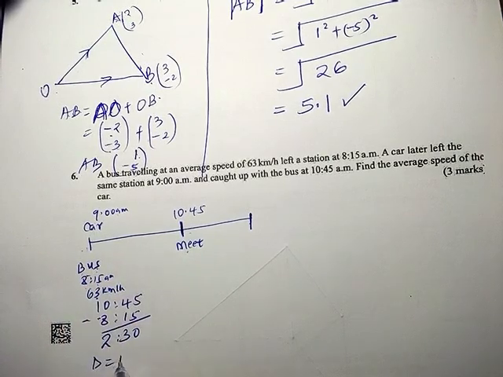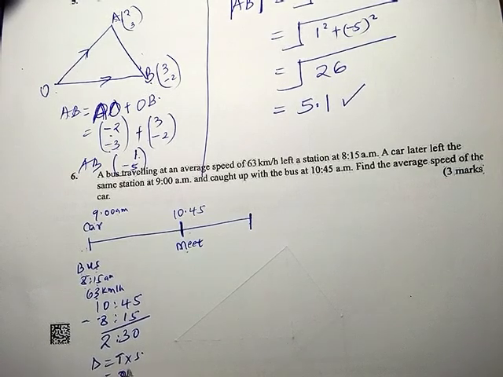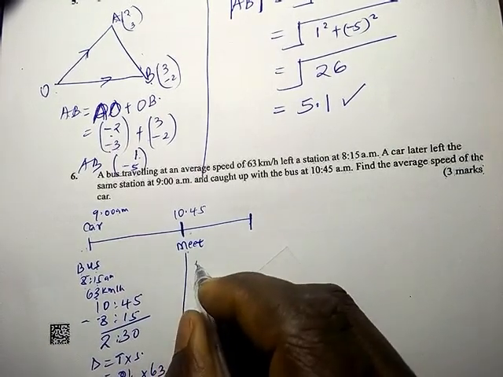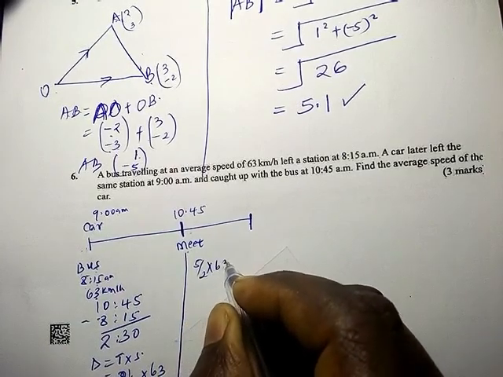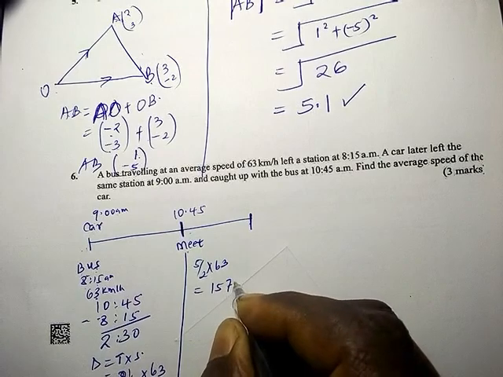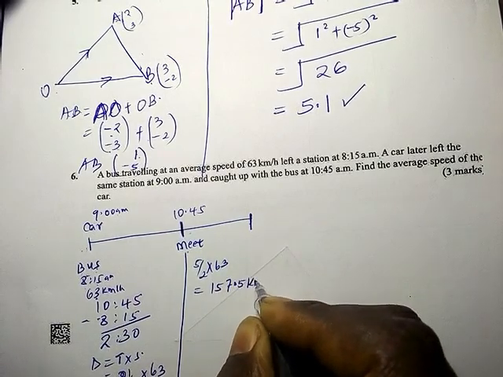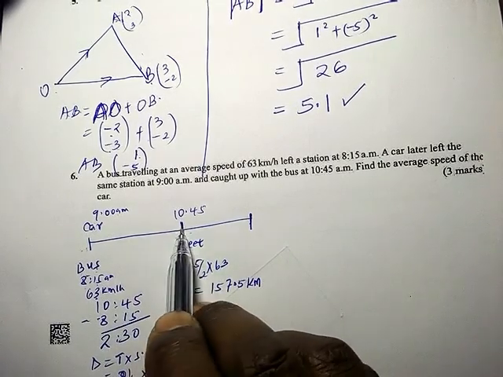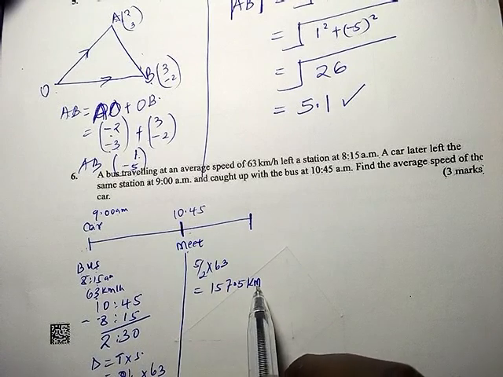Distance is equal to time times speed moved by the bus when it was caught up. So time is 2.5 times the speed, which is 63. So that is 5/2 times 63. And this one gives us 157.5 kilometers.